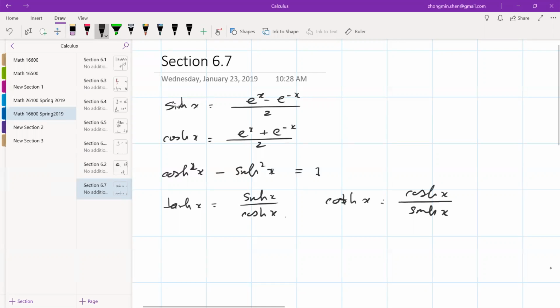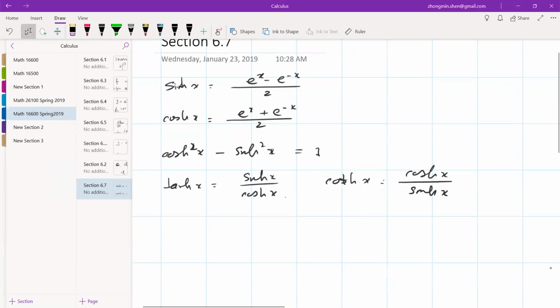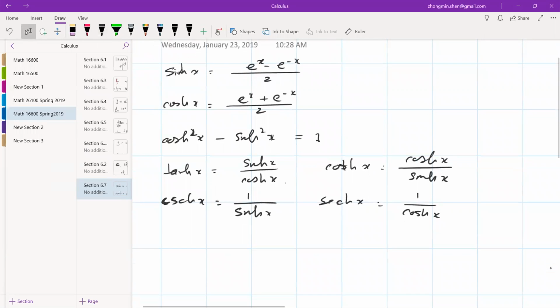The hyperbolic secant x and hyperbolic cosecant x are also defined in the same way. Hyperbolic cosecant x is going to be 1 over hyperbolic sine x. All right, so those are the definitions. I think the most important ones are these two.